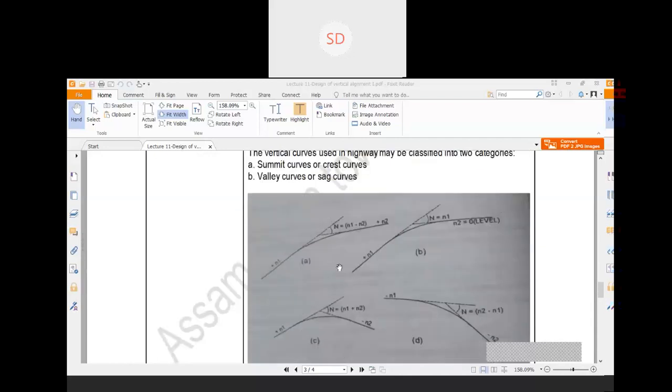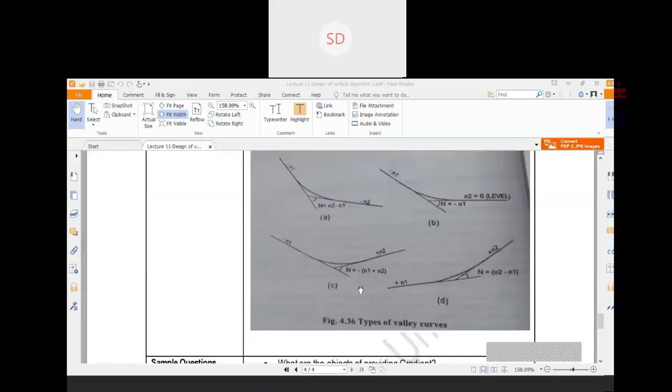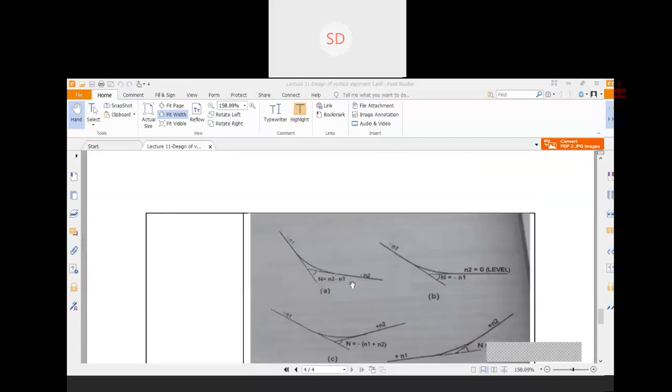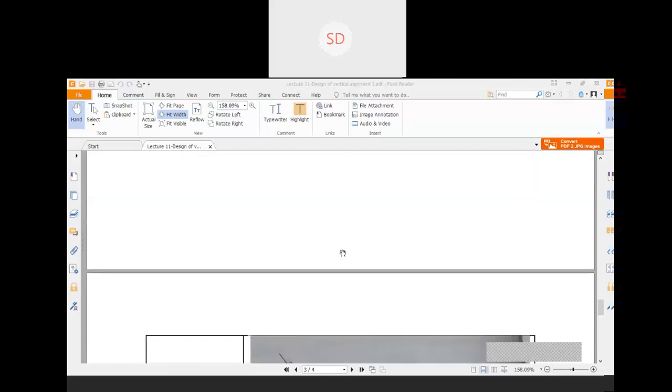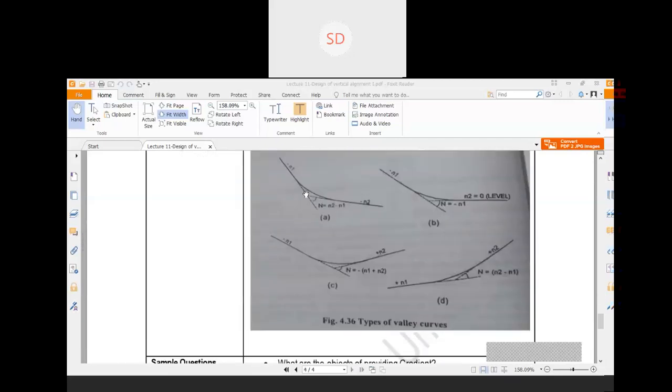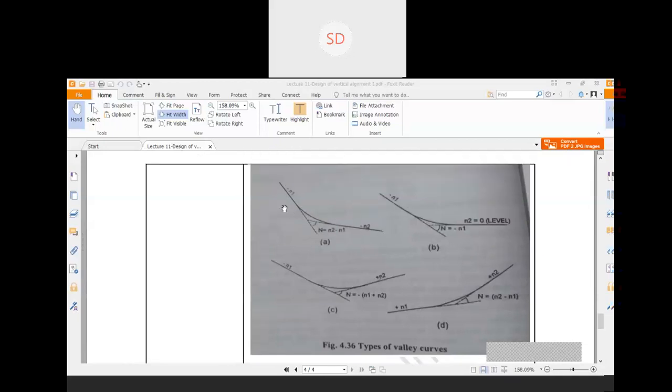So whenever a summit curve and a valley curve are constructed, the deviation angle will depend on the gradient of the two sections of the road. We have discussed for the summit curve what the deviation angles are. Now for the valley curve also these formulas are given.